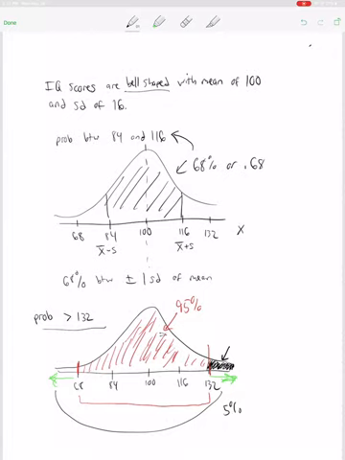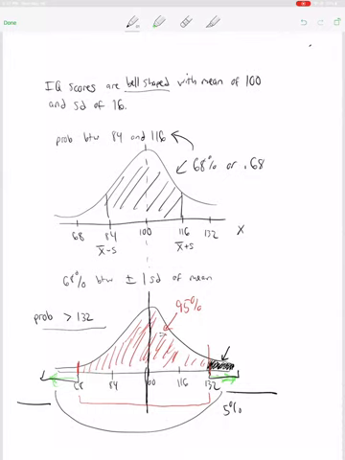The last thing you need to account for is that I want to know how much is here and how much is down here. Because the distribution is symmetric around this middle point, the same amount of data is on the left side as on the right side.